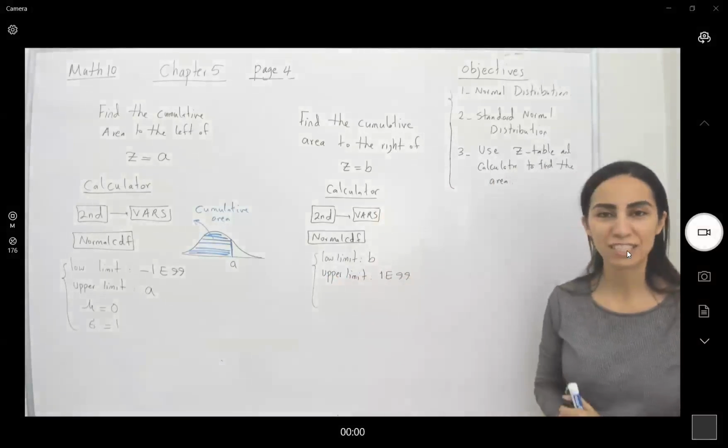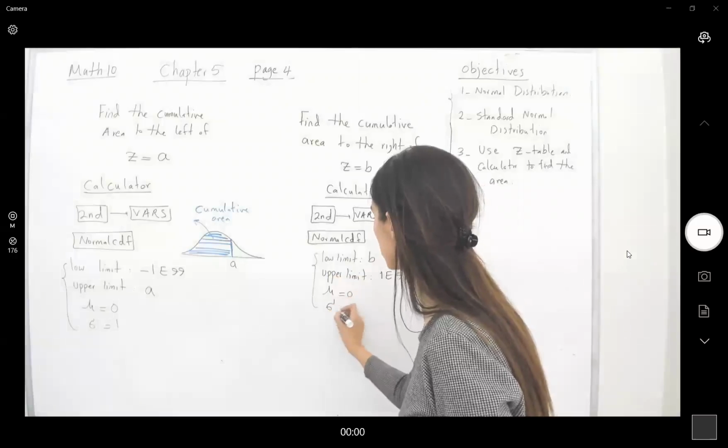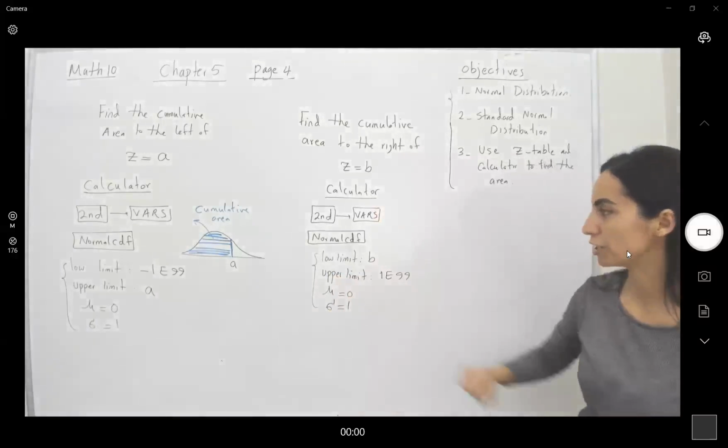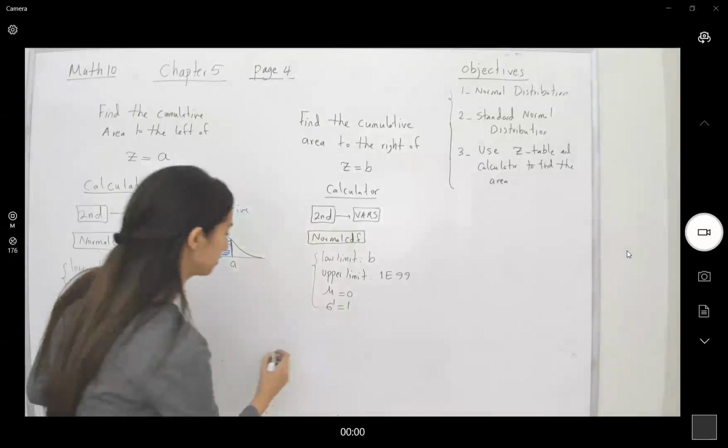Since you're working with z, don't forget that your mean must be equal to 0 and standard deviation must be equal to 1. So we're finding the cumulative area to the right-hand side of b.